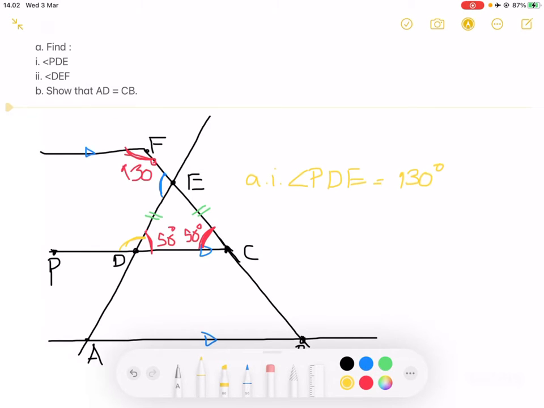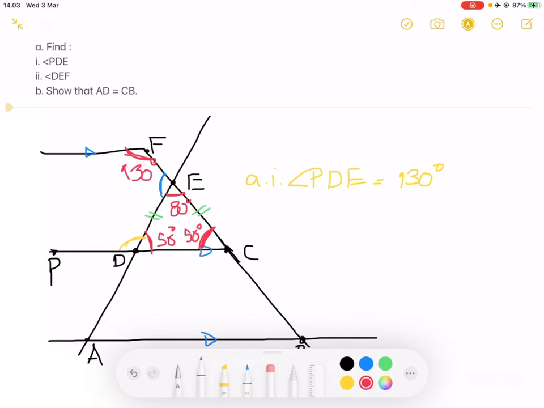Alright, for angle DEF, first we can just find this angle right here. From here we find that angle DEC must be equal to 80 degrees, since all angles in a triangle must sum up to 180 degrees.